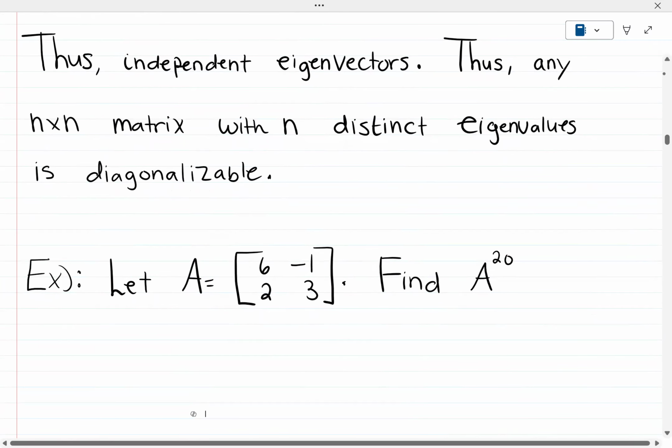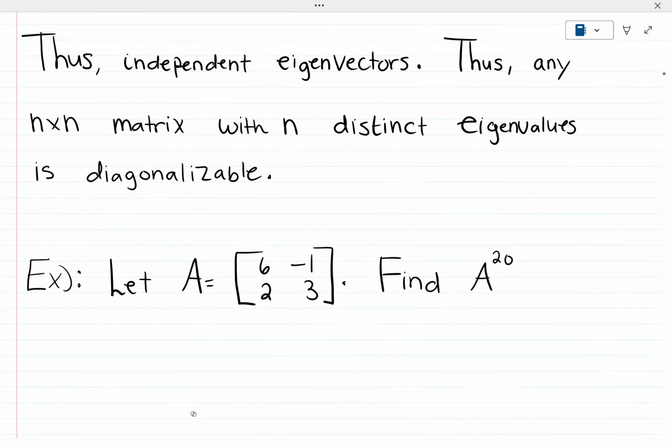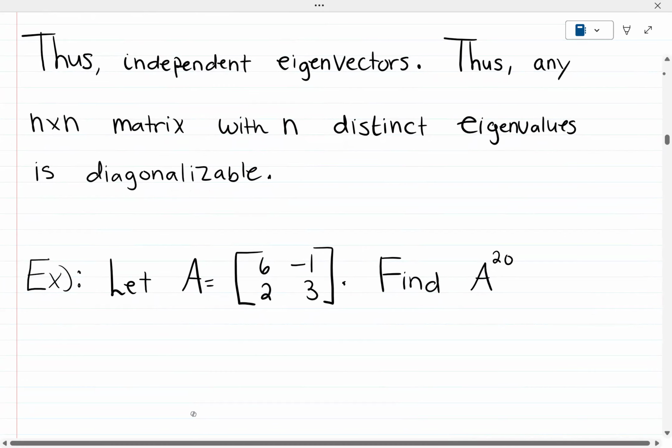So let's do an example where you have a matrix that isn't diagonal. Let's say you have matrix A, this 2 by 2 matrix, 6, 2, -1, 3. Find A to the 20th. So how do we do this? Let's go over this problem.